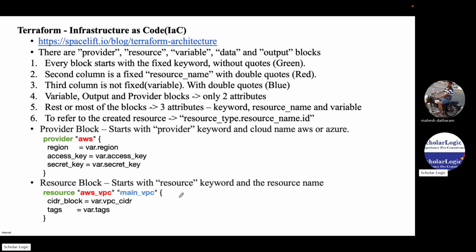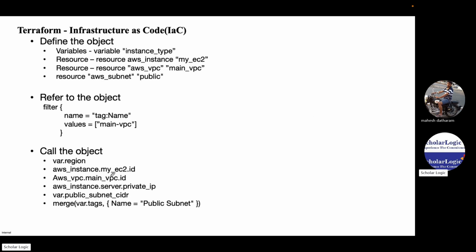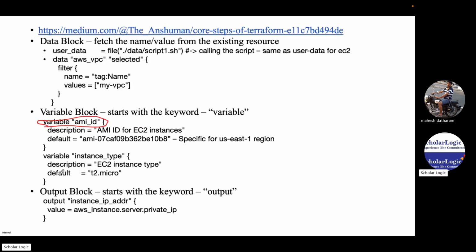Basically it's the same slide. For example, if you are defining a variable AMI ID, you have to say var.ami_id when you're creating an instance. If you go to instance, you will see var.instance_id. Here we are not calling any EC2 instance.